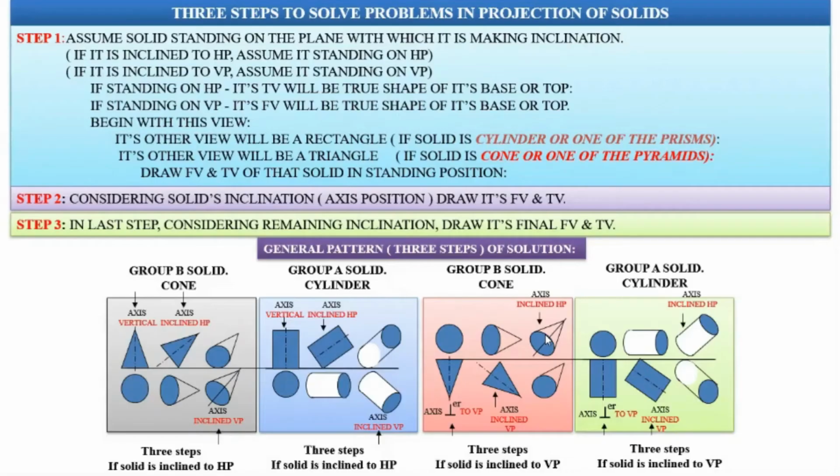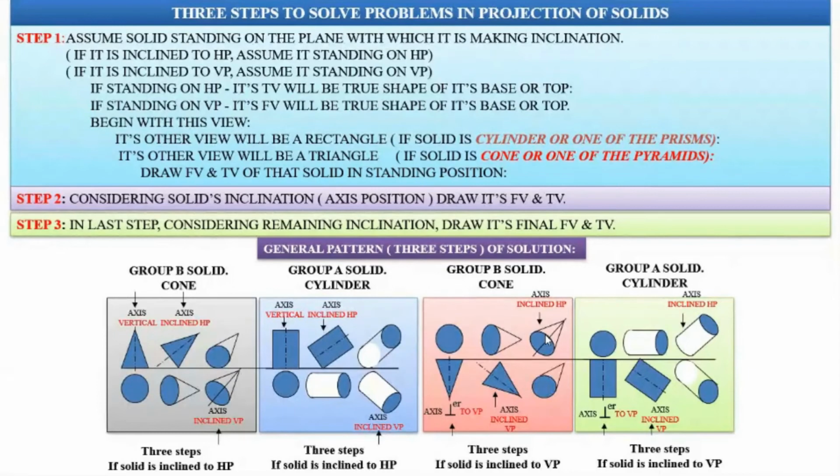Okay. Now, the projection of solids problems are normally solved in 3 steps. Unlike in our projection of lines, where we had only a few steps, or in some cases a large number of steps, in the case of the projection of solids there will be only 3 steps.